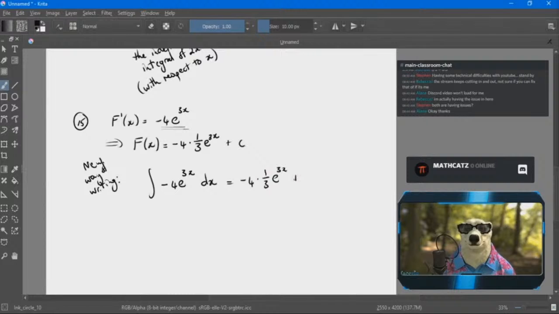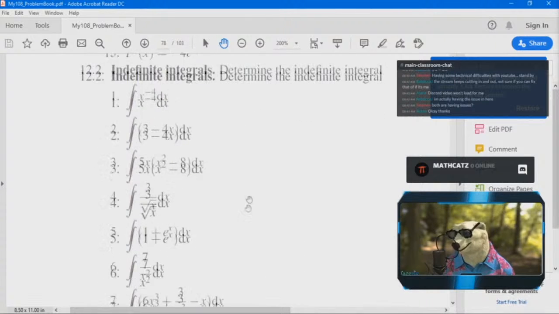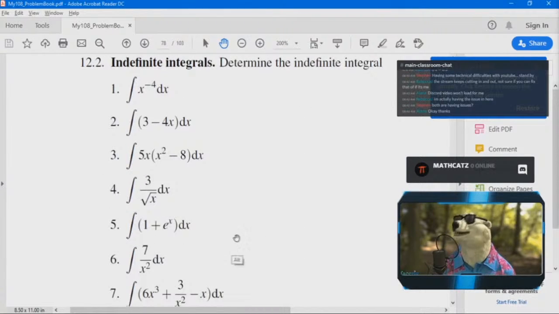Literally nothing has changed other than the appearance of my answer. So it's merely there for convenience. We are just trying to get used to this new representation of the exact same thing as yesterday. And we happen to call that the indefinite integral.